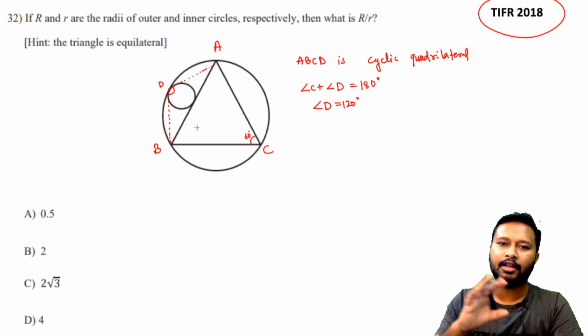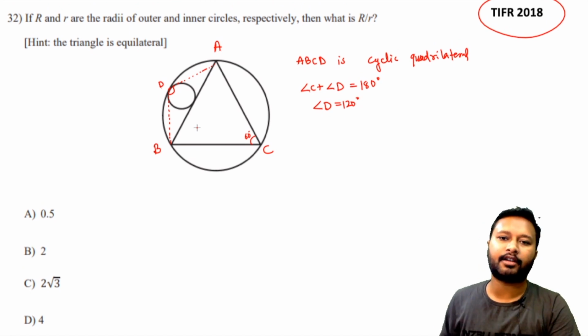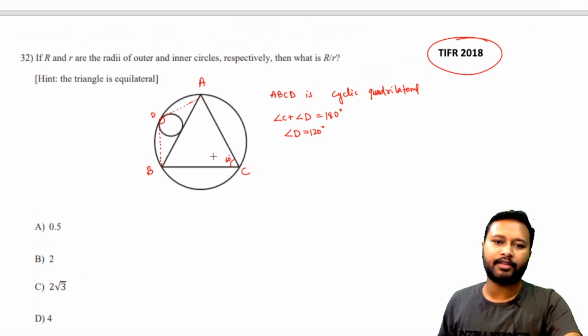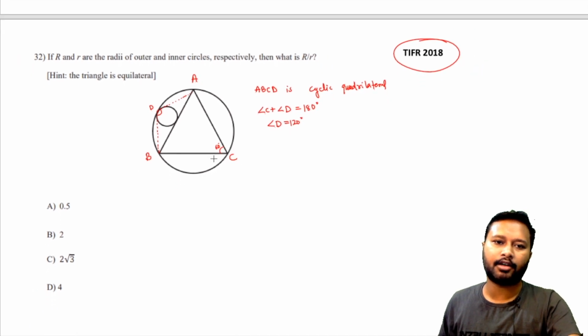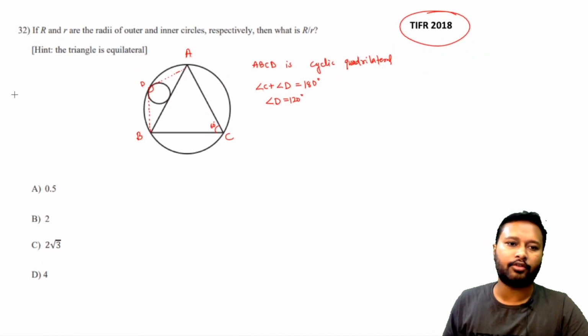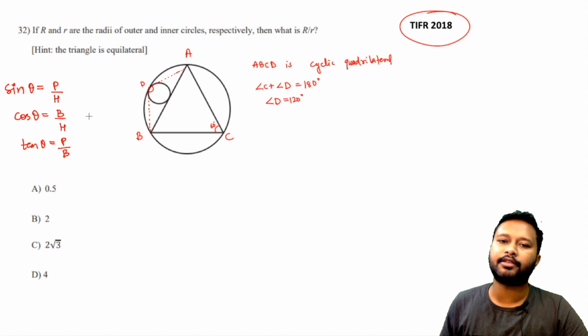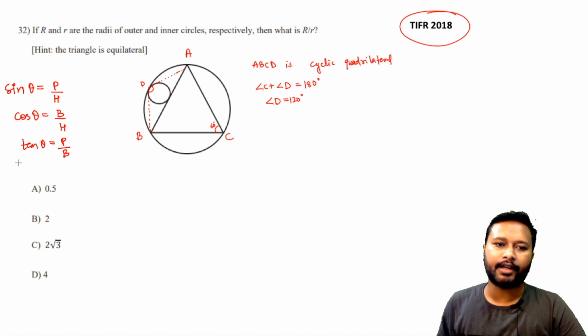Trigonometry can be used only in a right angle triangle, a triangle in which one angle is equal to 90 degrees. A few basic things you need to know: sine theta is equal to perpendicular upon hypotenuse, cos theta is base upon hypotenuse, and tan theta is equal to perpendicular upon base. These are very basic things which are taught in class 10th. So that is what we are going to use.